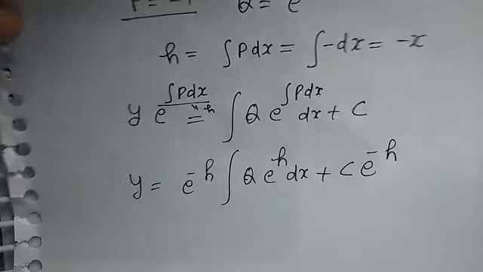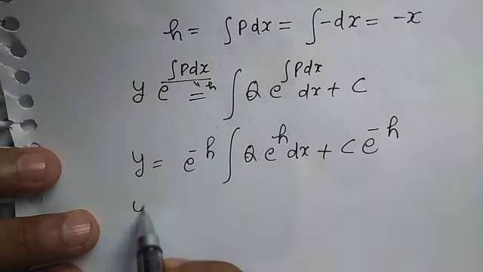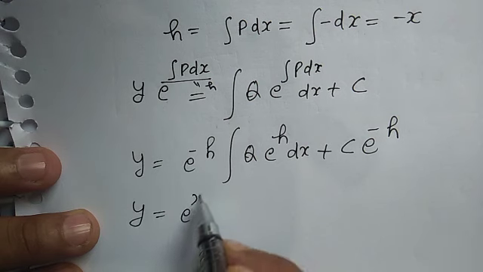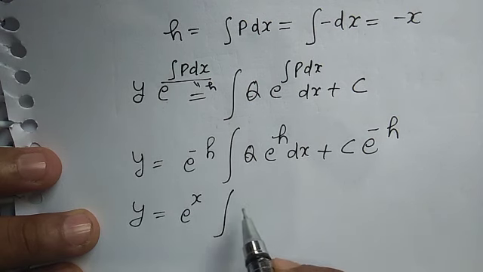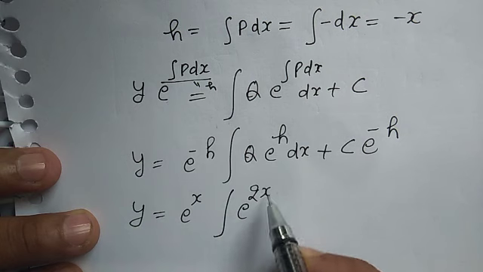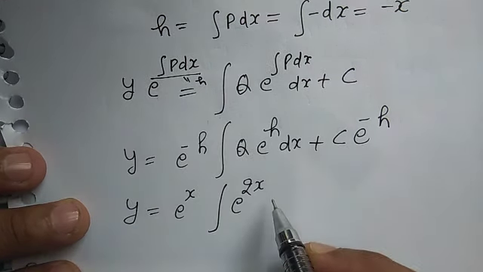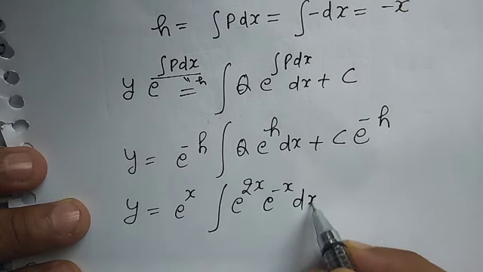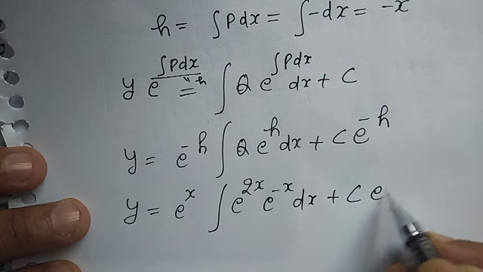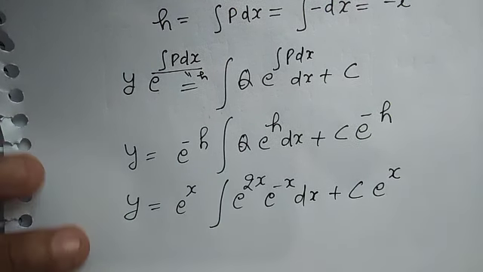Now h equals minus x, so we have y equals e power x integral of q, which is e power 2x, times e power minus x dx, plus c e power x.